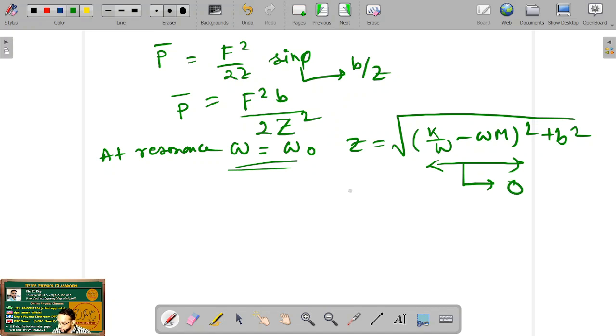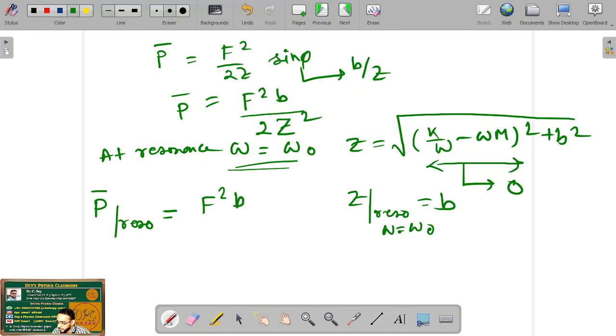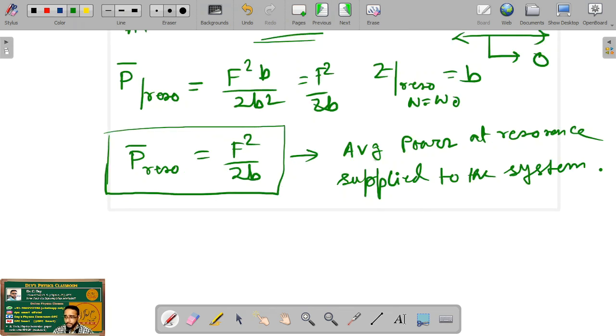So Z becomes equal to B. So the average power at resonance, that is P bar resonance, becomes f square B by 2B square, or equals f square by 2B. This is the average power at resonance supplied to the driven system, where B is called the damping coefficient. So the average power at resonance depends inversely on the damping coefficient.